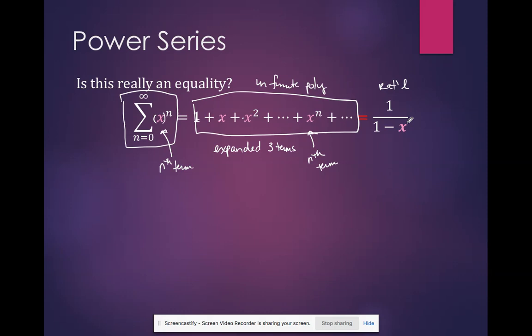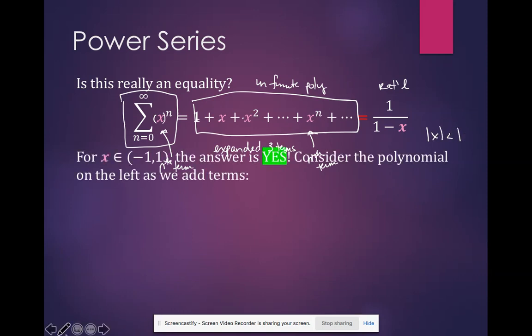Condition. What's the condition? By the Geo Series test, this is a power geometric series. What is the condition for equality, which means convergence? That's your condition.